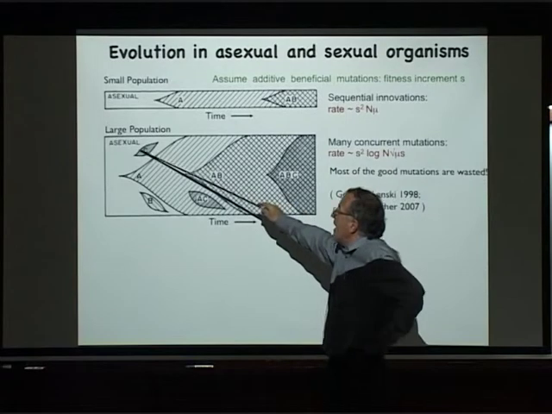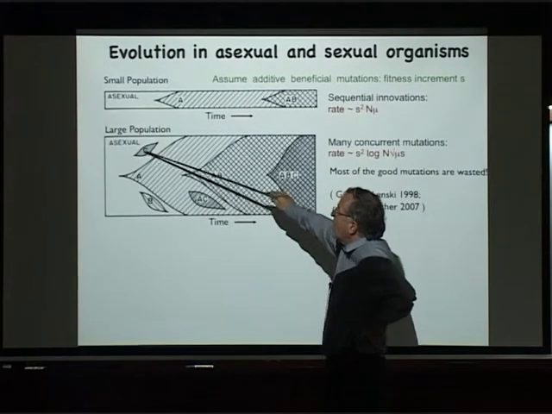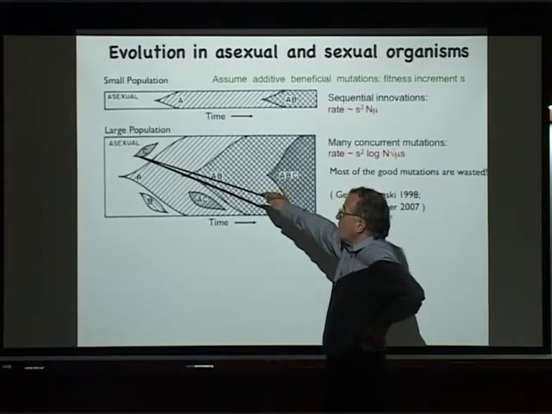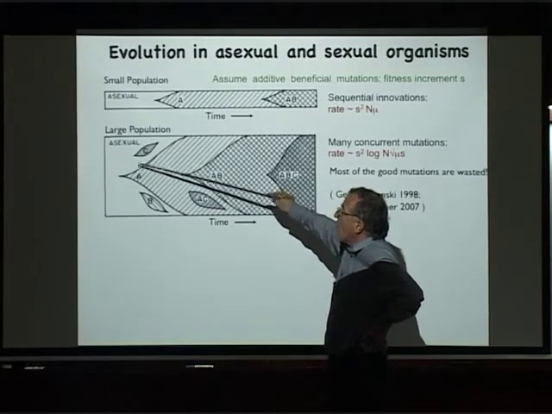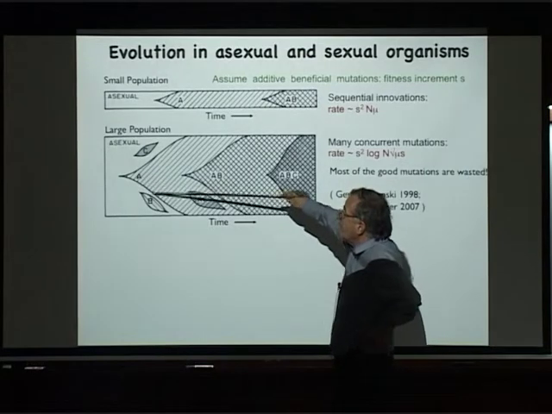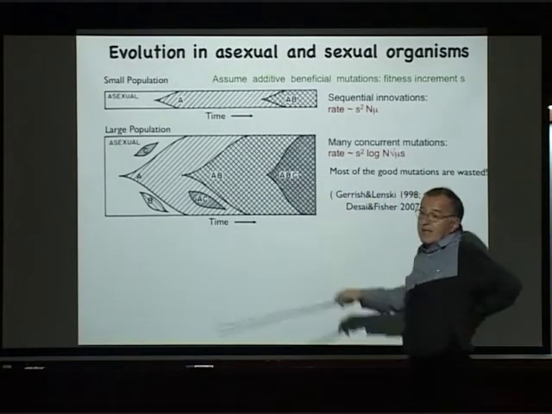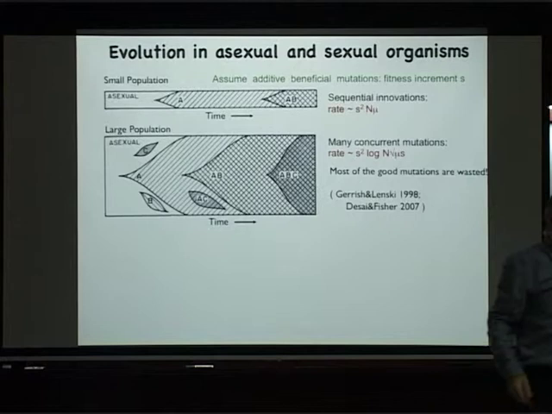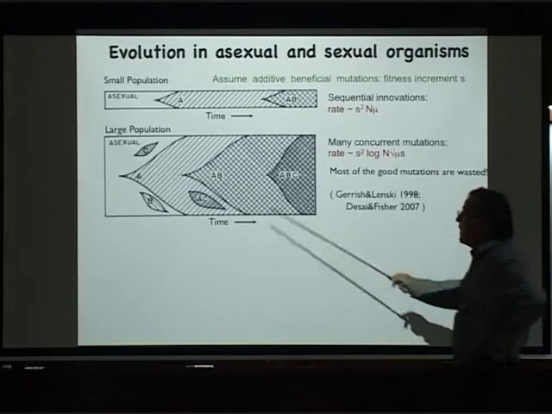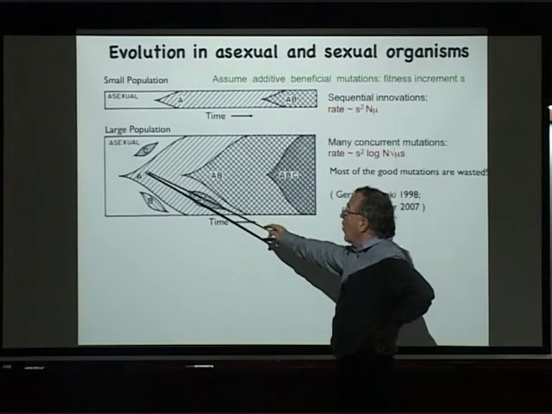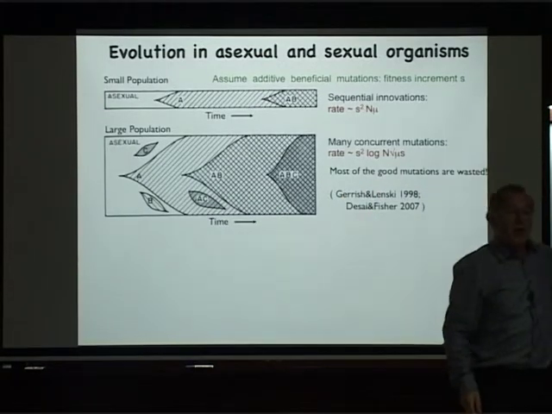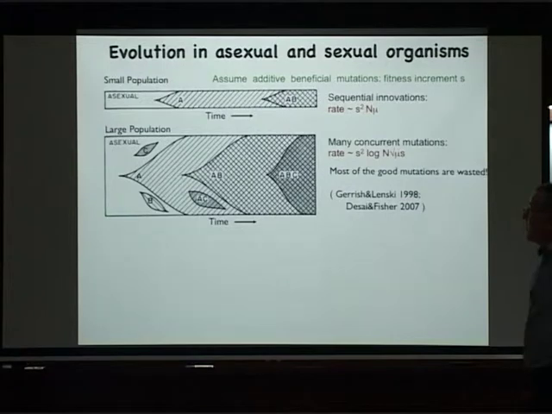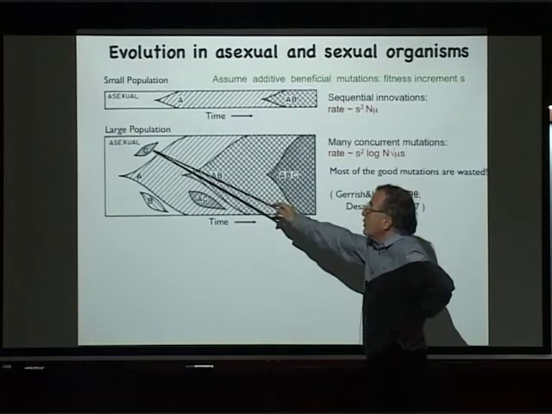Now you expect them to occur in different individuals simultaneously. So some will arise before the previous ones fixate in the population. But now in the sexual population, only one of these can take over. So the rest are going to be lost.